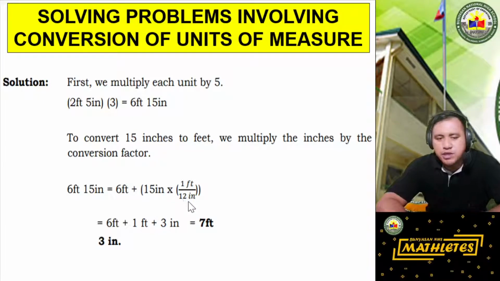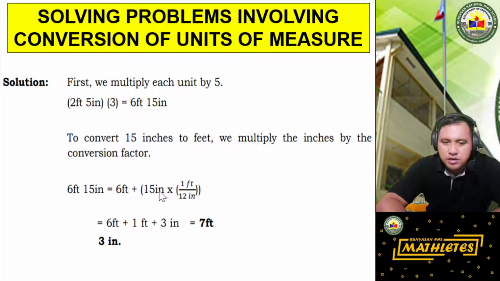So, that is 1 foot plus 3 inch. Diba? Plus 3 inch. Isang foot, tapos 3 inch. So, 1 foot plus 6 feet is 7 feet. Plus 3 inches, so that makes 7 feet and 3 inches. So, the fully grown tamaraw has a length of 7 feet and 3 inches.